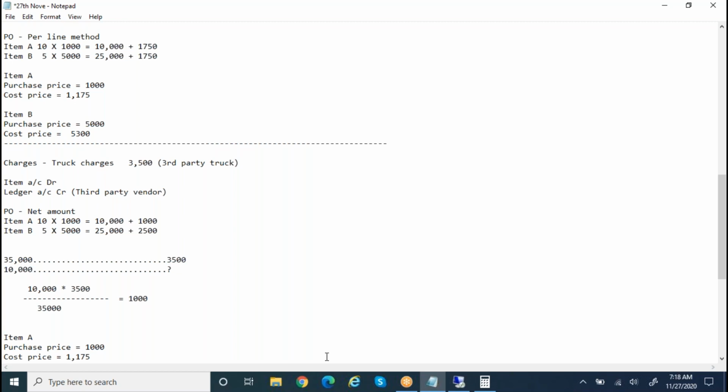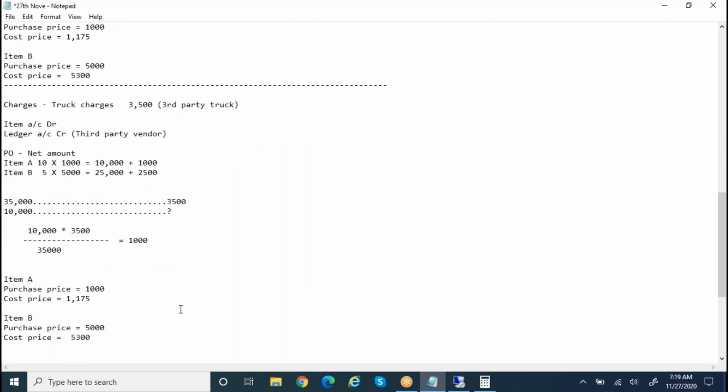Of course, I love mathematics a lot. I was a mathematics teacher to my friends throughout my studies. That is my favorite. So 10,000 multiplied by 3,500 divided by 35,000 gives 1,000.